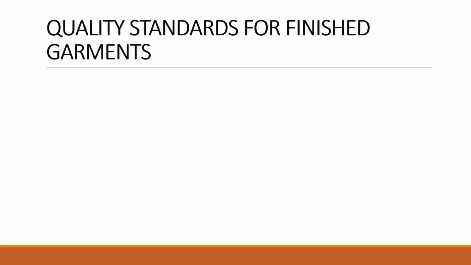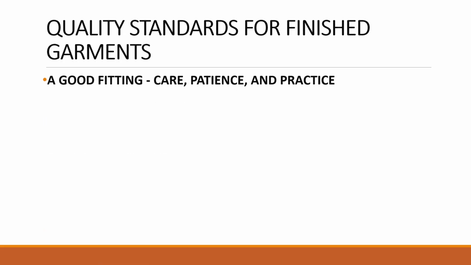Now, when you are talking about the finished garment, what are the different areas that are important? Let us see. First and foremost thing of the finished garment is the fit property. Good fitting is the most important thing here.